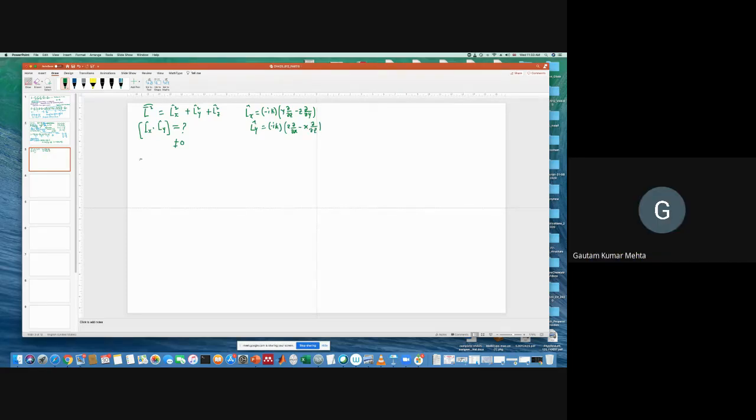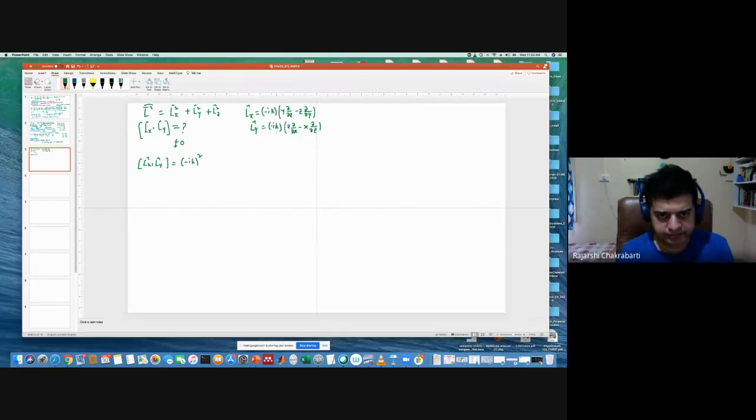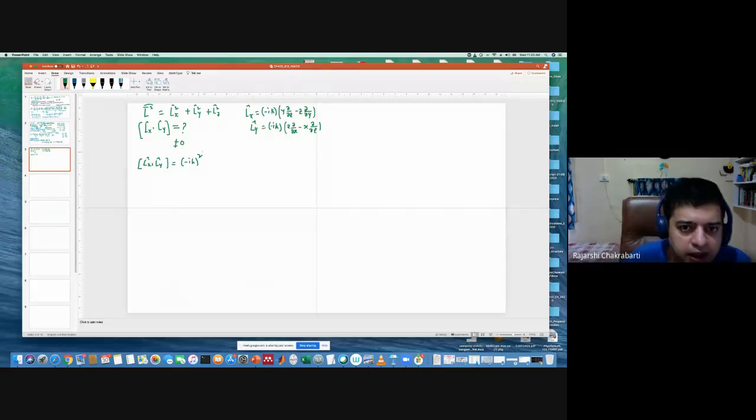So if I write down the commutator Lx, Ly, which basically means Lx Ly minus Ly Lx, this will give me minus i h cross whole square, because I have to multiply Lx with Ly. And Lx Ly minus Ly Lx, isn't it?